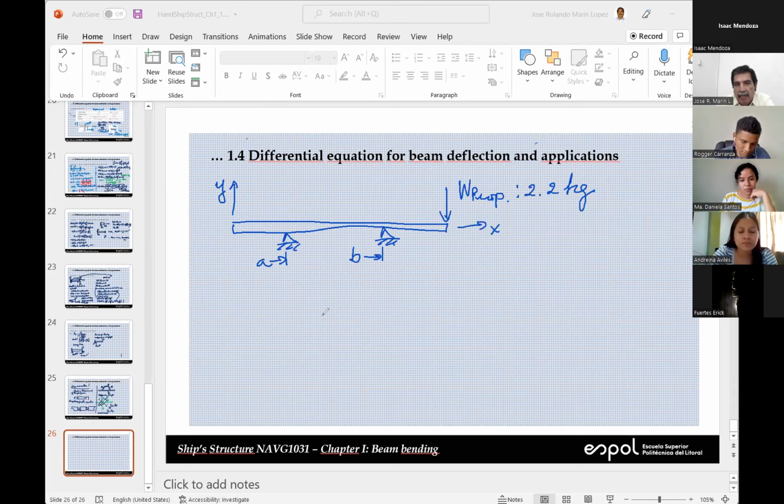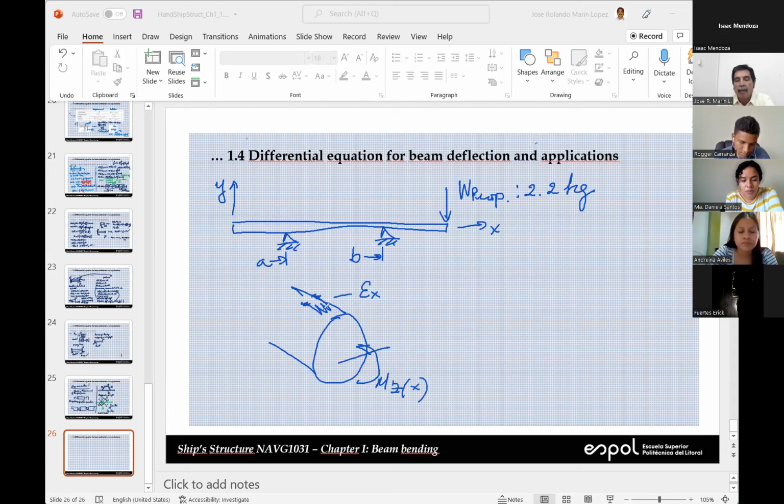Something else before we leave, okay? If we have the shaft here, we have the strain gauge here. The strain gauge registers epsilon x, and that's because here we have a bending moment at x.